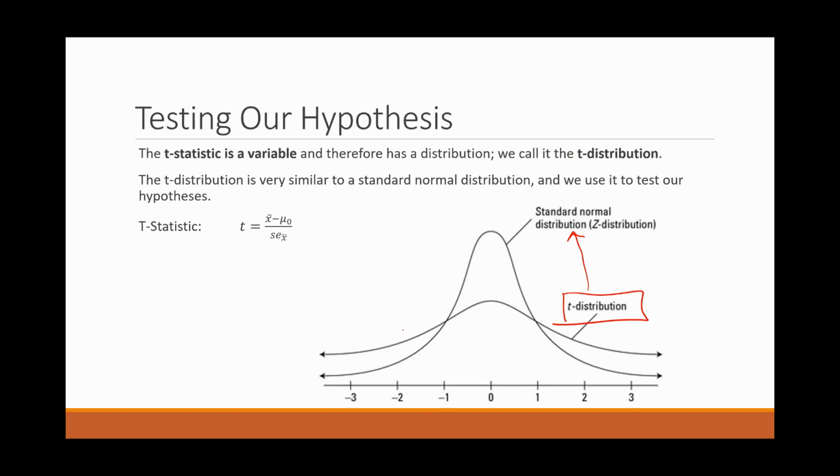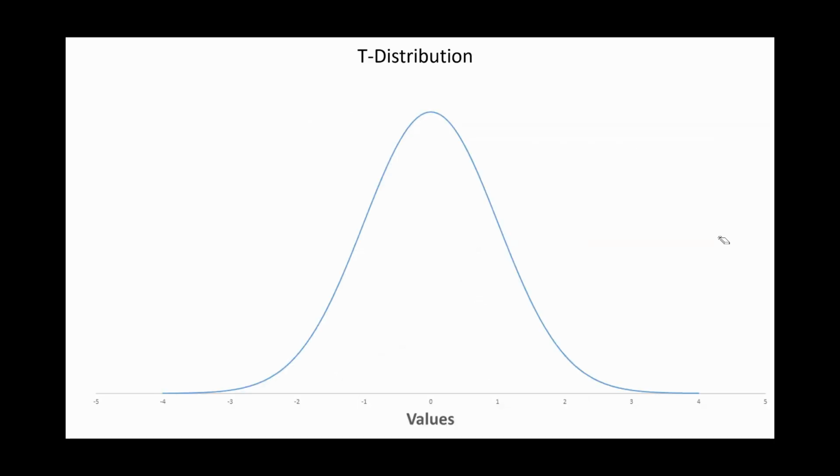Other than that, same basic idea. It has a mean of 0. It is symmetric on both sides. It just has a larger distribution than the standard normal. So we don't really need to sweat this difference too much. I just wanted to point this out to make that comparison.